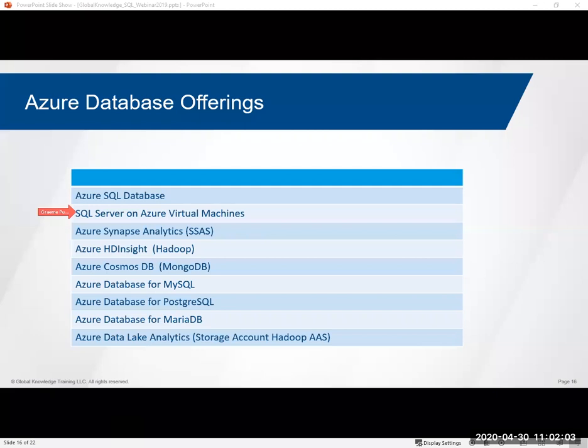Beyond SQL Server, we also have Azure Synapse Analytics, which is ostensibly analysis services in Azure. We have HD Insight or a Hadoop solution. We have Cosmos DB, which is similar to MongoDB. We can actually spin up MySQL, Postgres, and MariaDB instances.